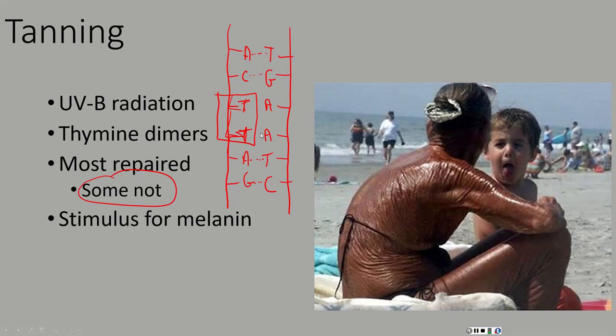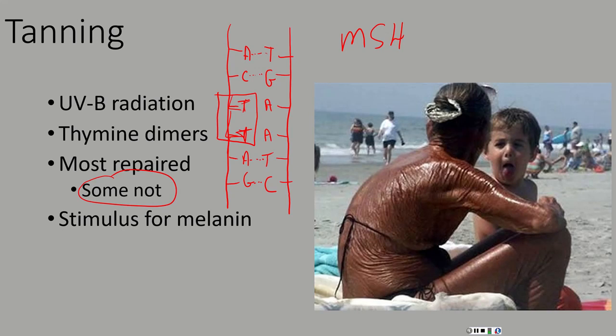Now, this, when it happens in a keratinocyte, is going to cause the keratinocyte to release something called melanocyte stimulating hormone, or MSH. Thymine dimers, problems with the DNA resulting from ultraviolet B radiation.